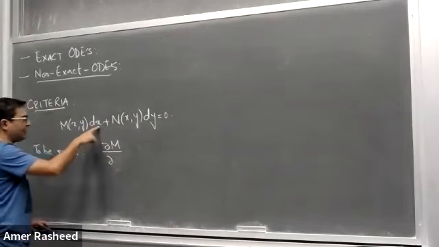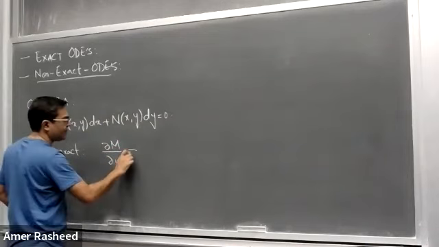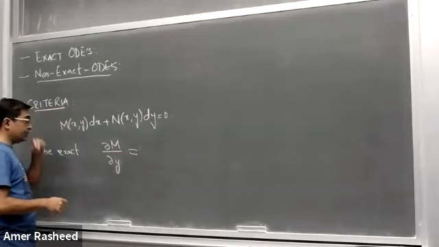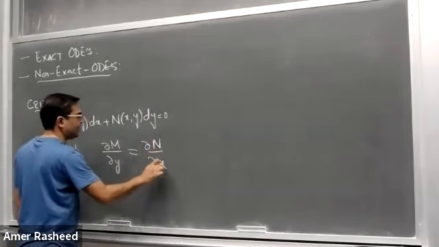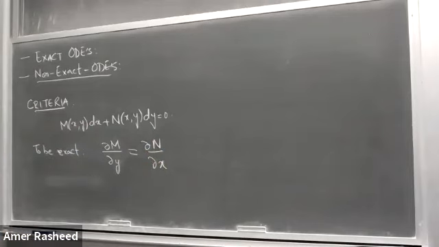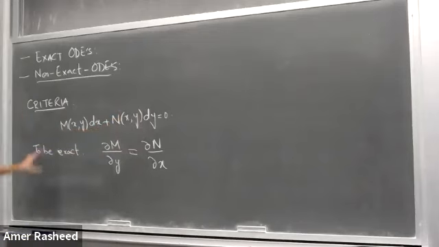The coefficient of dx should be differentiated with respect to y. It's a partial derivative, and this should be equal to partial N over partial x. If this is true for this differential equation of first order, then we say that this differential equation is exact.